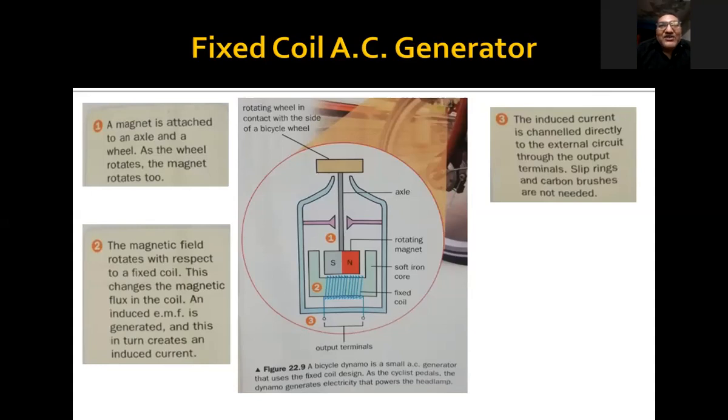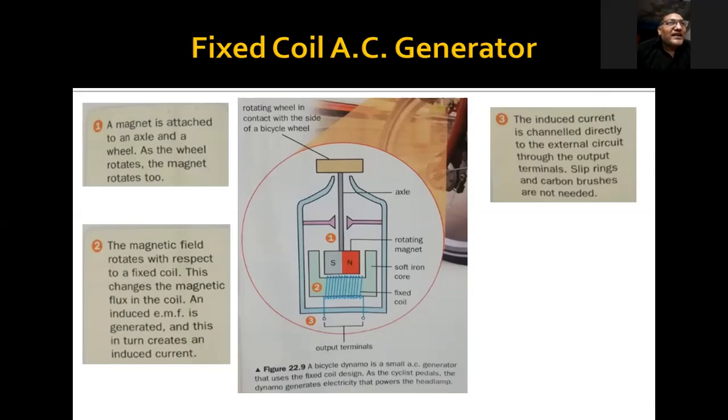Whenever you touch the dynamo to the wheel, the dynamo also starts rotating. In that dynamo we have permanent magnets, and those magnets start rotating. We have a fixed coil, and because of the changing magnetic flux, EMF is induced in that coil, and by that we switch on the headlight of the bicycle. You might have seen dynamos on bicycles.